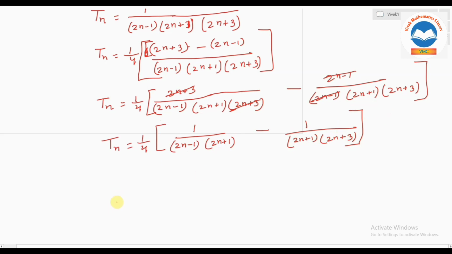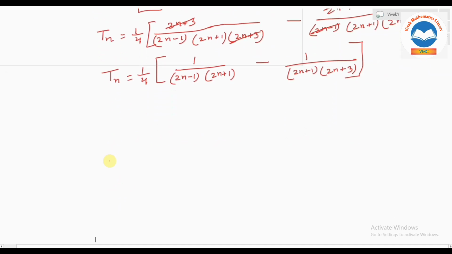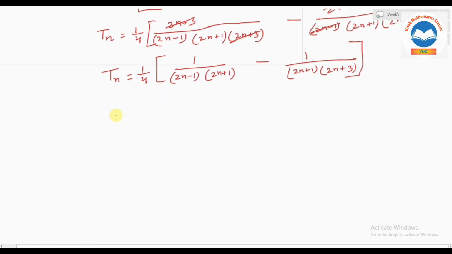Now we want to find the sum of n terms. So we will find T1, T2, T3 and we will add. So what will be our T1 value? T1 will be 1 by 4 into, in place of n you have to write 1. So what will you get here? 1 divided by 1 into 3 minus 1 divided by, what will be here?